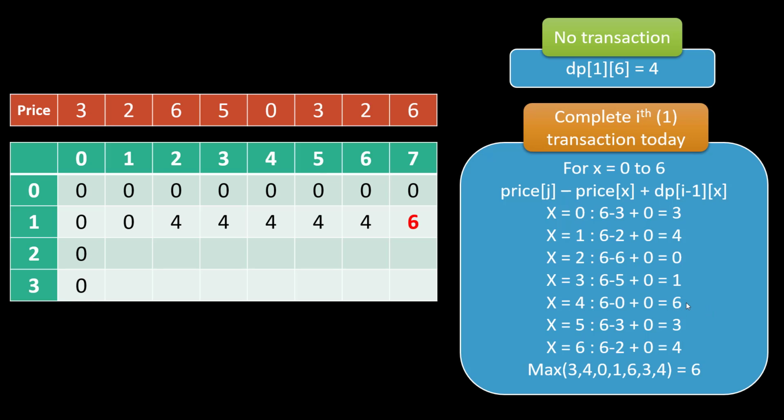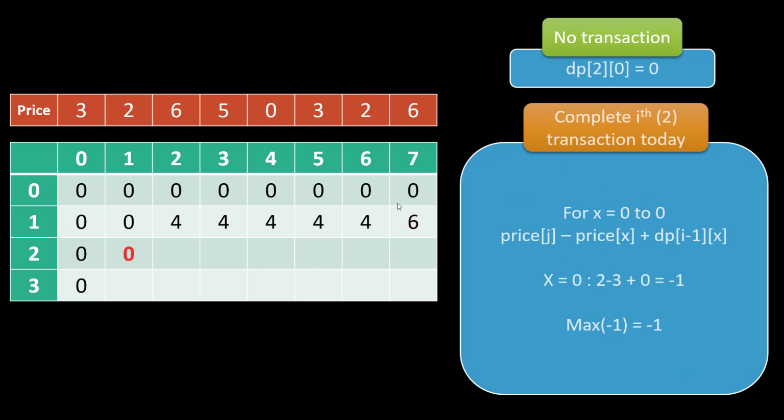So this gives you the answer if the transactions told to us were only 1, the maximum profit you could have achieved is 6. Now let's go to the second row, that is k equal to 2.